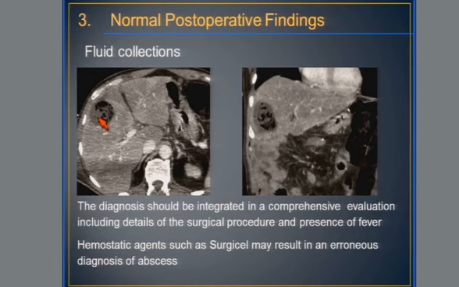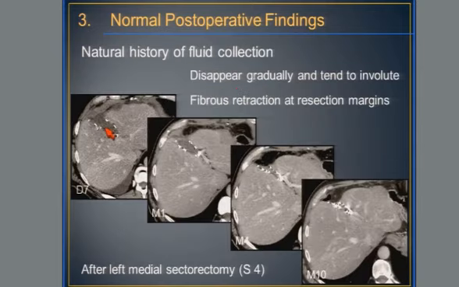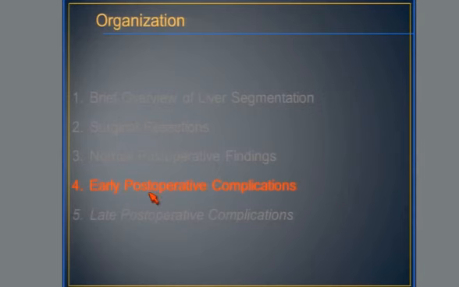It's very important to interpret the examination with knowledge of what has been done during surgery to avoid unnecessary procedures. This is a case that shows the natural history of fluid collection. You see that it disappears with time, and usually there is a fibrous infiltration at the resection margins.